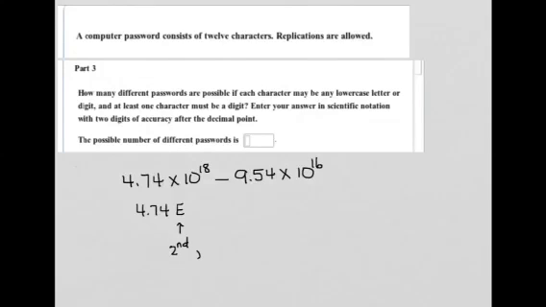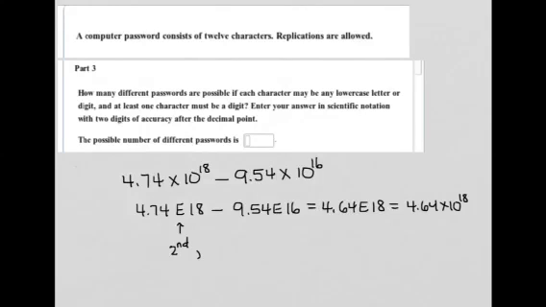So if you press second and comma, then you get E. And then you just type the 18 minus 9.54 E16. So you can type it in that way and get your answer, which is 4.64 E18, or 4.64 times 10 to the 18.